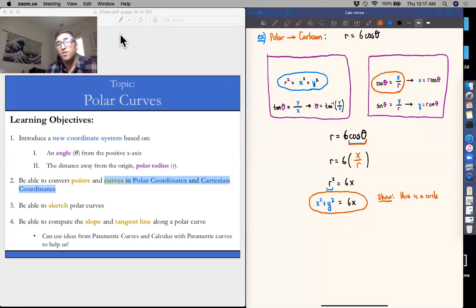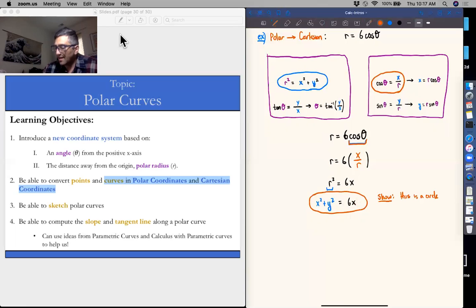Right now, this equation sort of looks like a circle because of that x squared plus y squared on the left, but this 6x term sitting on the right-hand side, a 6 times a variable, in this case x, is not what we like to see for a circle. So this isn't exactly an equation of a circle in its familiar form.